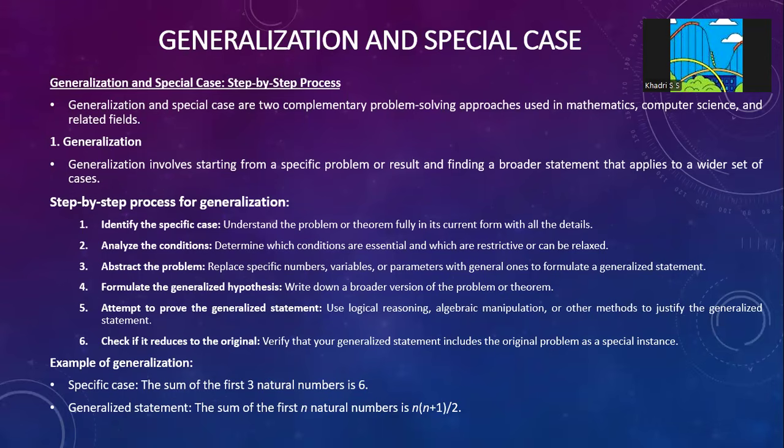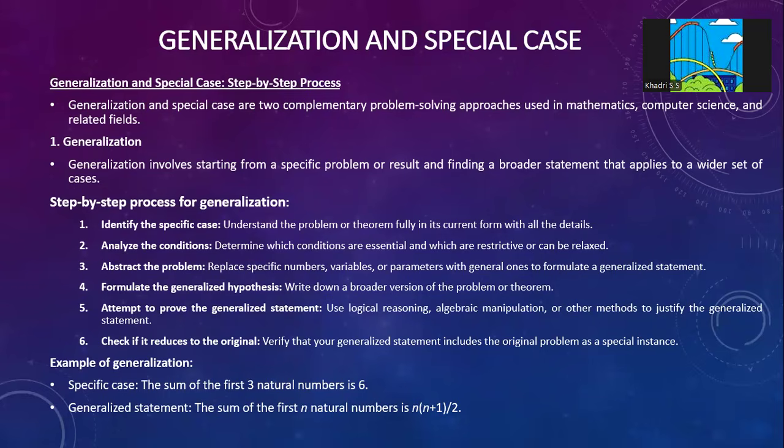The step-by-step process for generalization. First, identify the specific case: understand the problem or theorem fully in its current form with all the details. Second, analyze the condition: determine which conditions are essential and which are restrictive or can be relaxed.